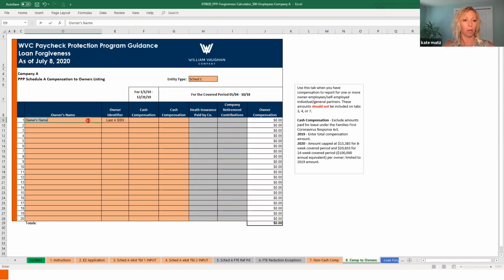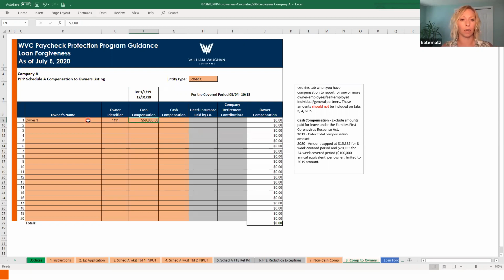We'll plug in here owner 1 and an identifier. Let's say that in 2019 they made $50,000 as their cash compensation. Again, this is based off of line 31 from the Schedule C, so the net income from the business in 2019.